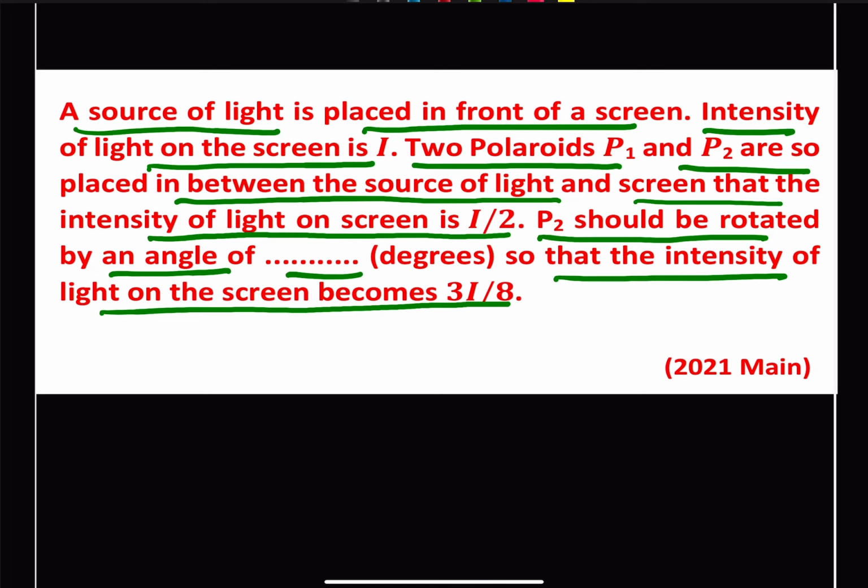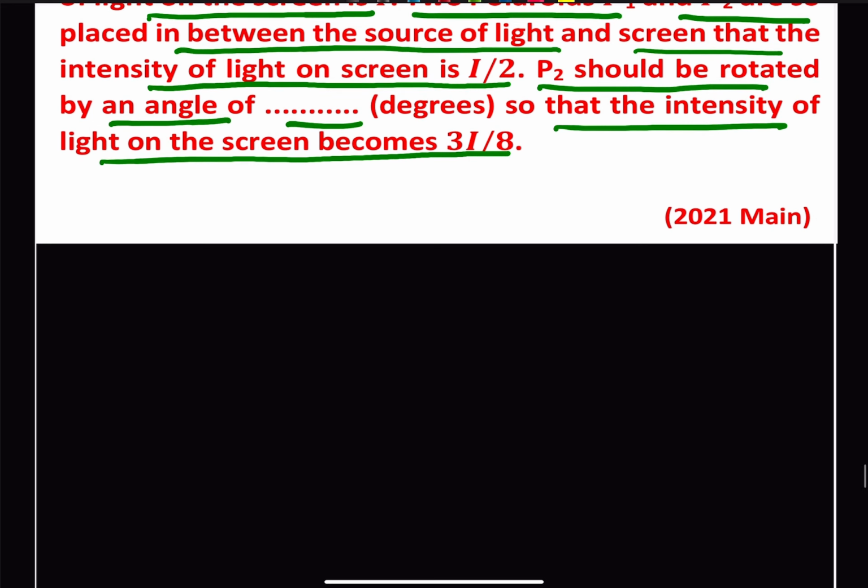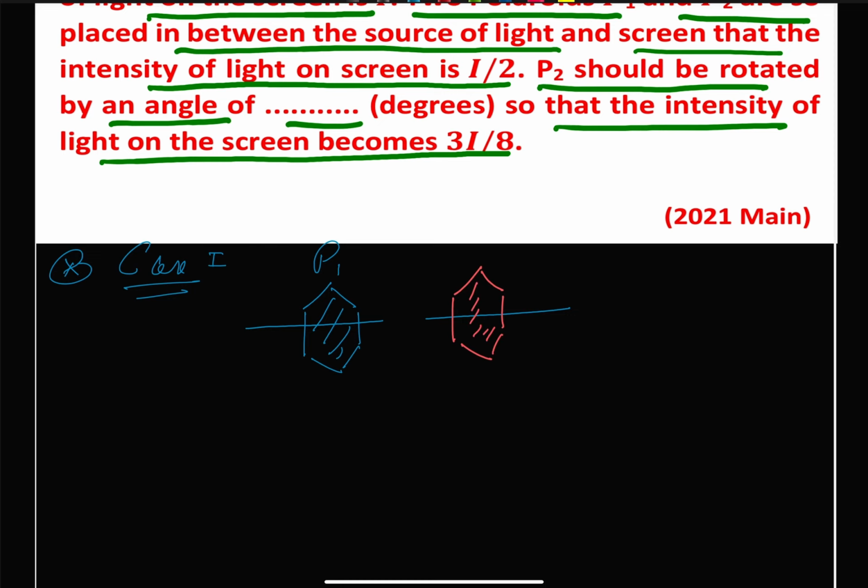So we are given that we have two polaroids, so we can divide this into two cases. In case number 1, we have two polaroids P1 and P2. Let us put this as our axis, and this is polaroid 1, and this is polaroid 2.